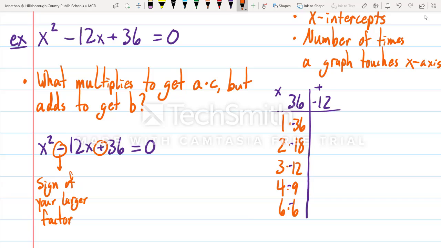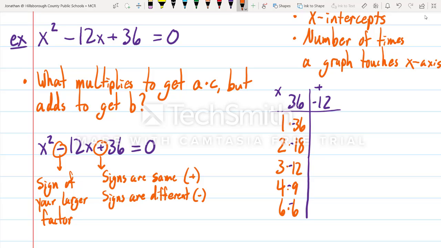Now, since we are multiplying, a plus sign tells us these signs will be the same. A minus sign will tell you these signs will be different, as is how multiplication works. Signs are the same for plus, and signs are different for minus. The minus doesn't mean they're both negative.